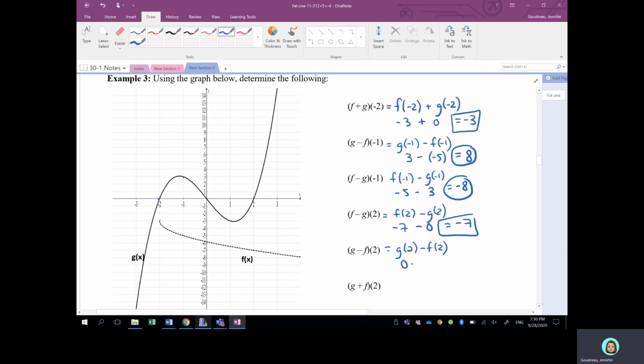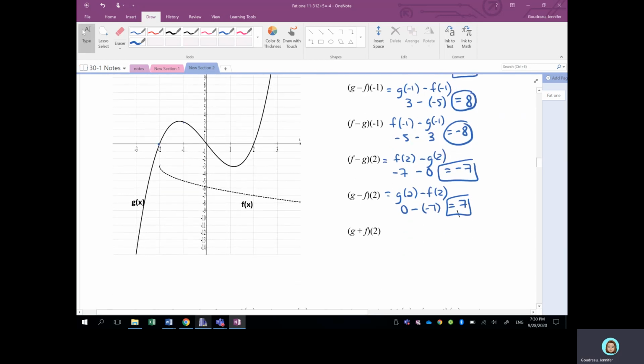So it's going to be 0 minus a -7, which is 0 plus 7, +7. And then finally, g plus f at 2 means g at 2 plus f at 2, which will be 0 plus -7, which gives us -7.